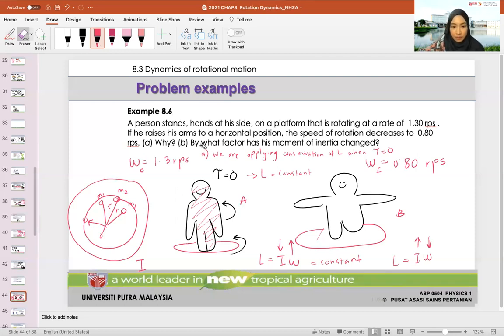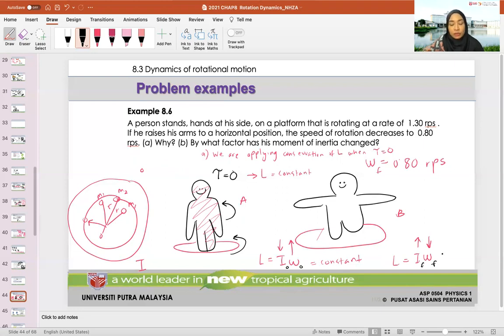Okay, by what factor has his moment of inertia changed? So they're asking us how much the I changed, by what factor? We know that L is constant. The first L is I naught, omega naught. This is the initial one and this is the final one.